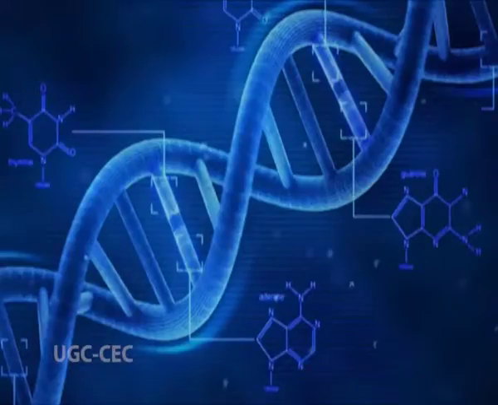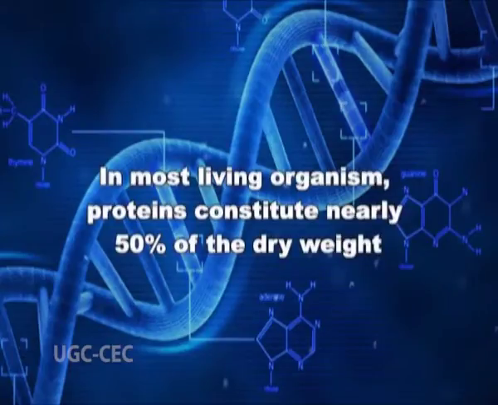Proteins. The term protein is derived from a Greek word that means primary or holding first place. In most living organisms, proteins constitute nearly 50% of the dry weight. They are macromolecular polymers made up of several amino acids.